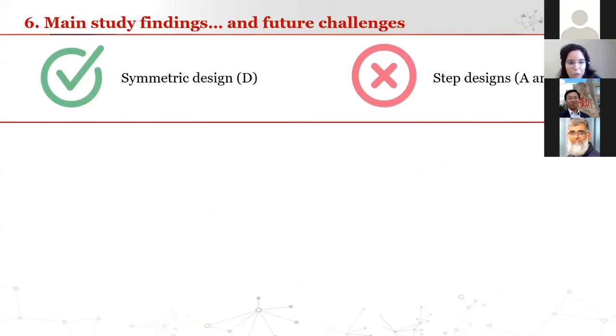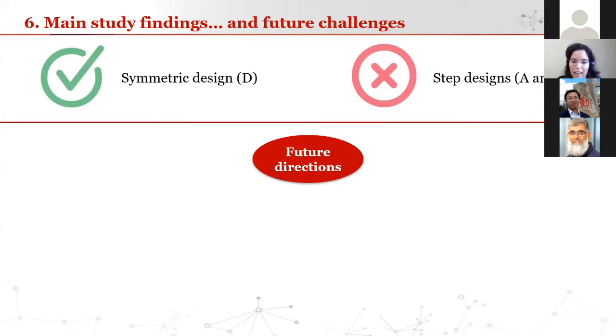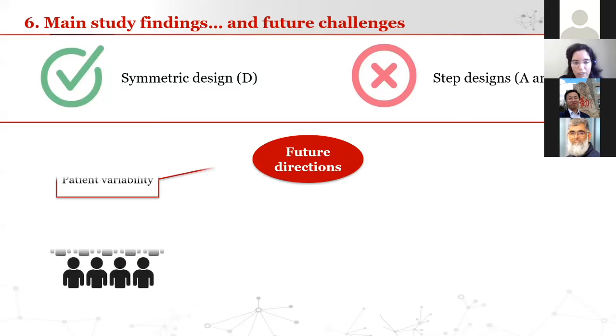So according to all of these results, the main study findings are that the symmetric design, or the catheter D, gives rise to the best performance outcomes, while the step designs A and B give rise to the worst design outcomes. However, this study had several limitations, and therefore we leave these as future directions for future work.